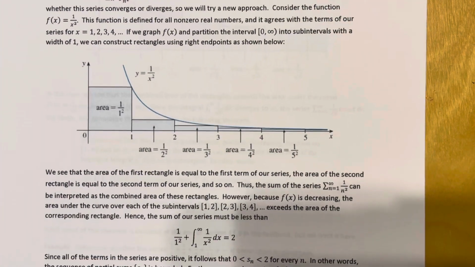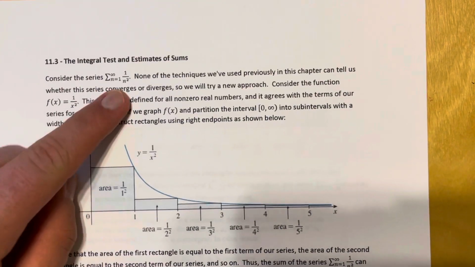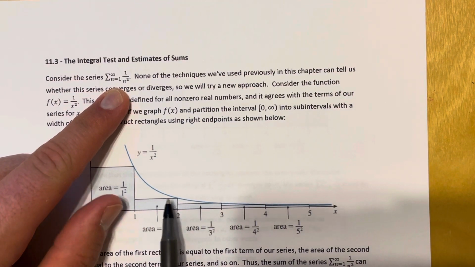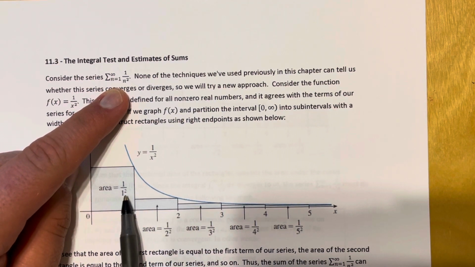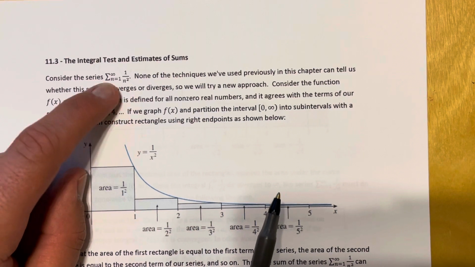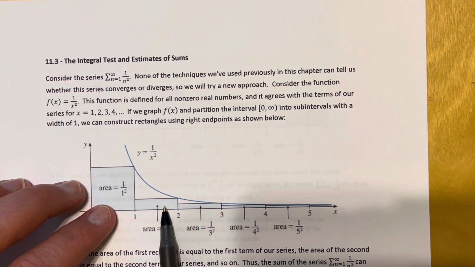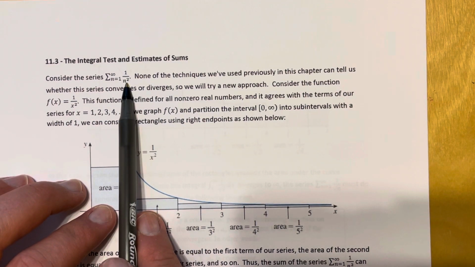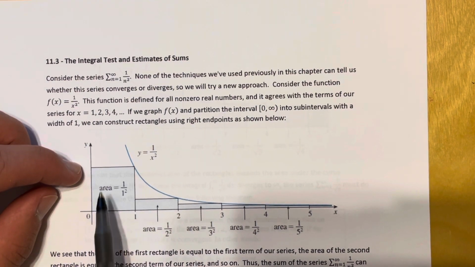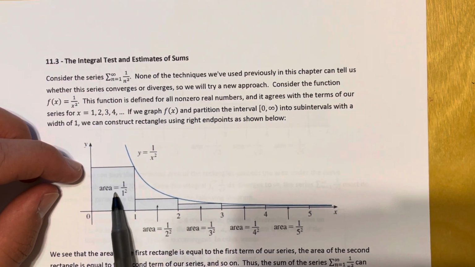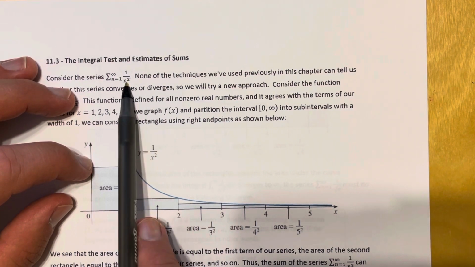Okay? Now, I can interpret the terms of this series right here as the areas of these individual rectangles. 1 over 1 squared is this first rectangle, so yes, we are going to use that. 1 over 2 squared, that would be the second term of this series.